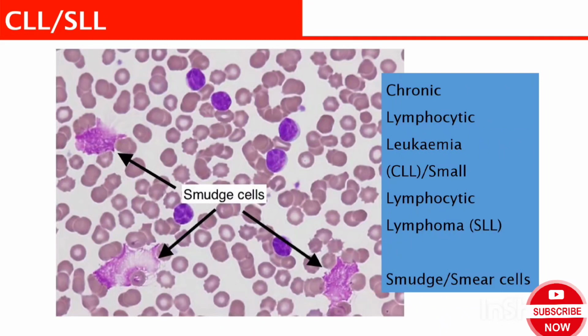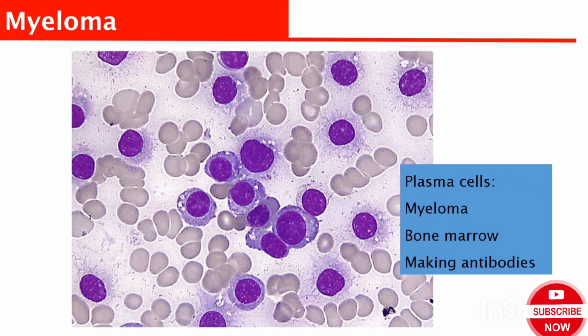Okay. Now let's look at another type of lymphoid leukemia, which is myeloma in general. When you say myeloma, that's why I showed you the plasma cells from the lymphoid lineage.